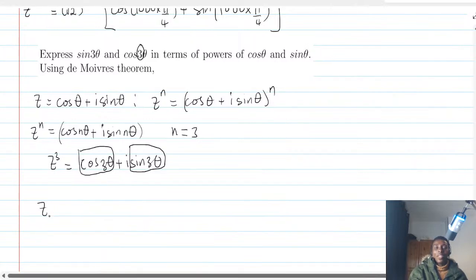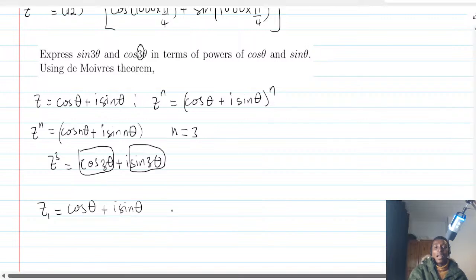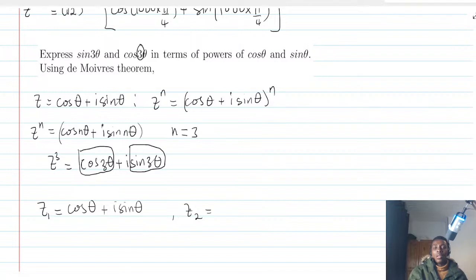Let's say I have a complex number z1, which is cos theta plus I sine theta, and then I have another complex number. Let me just write this.